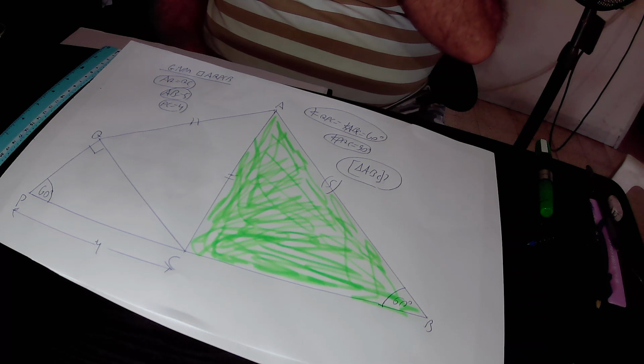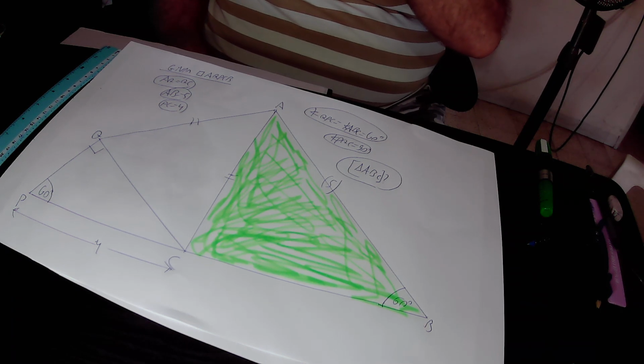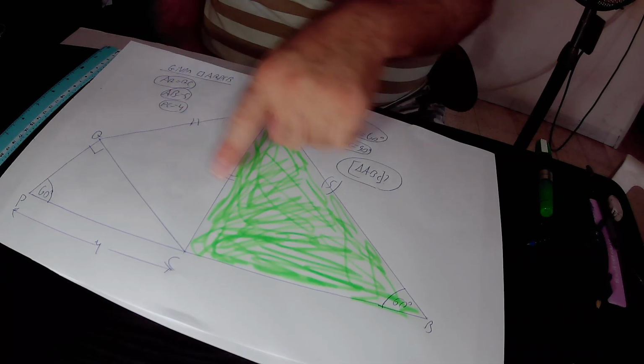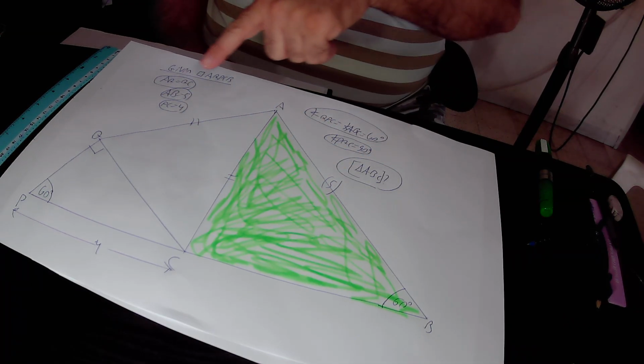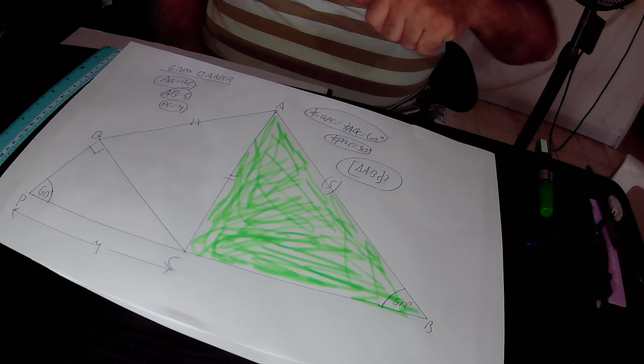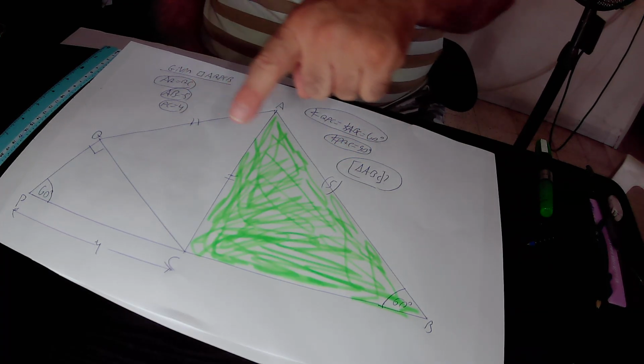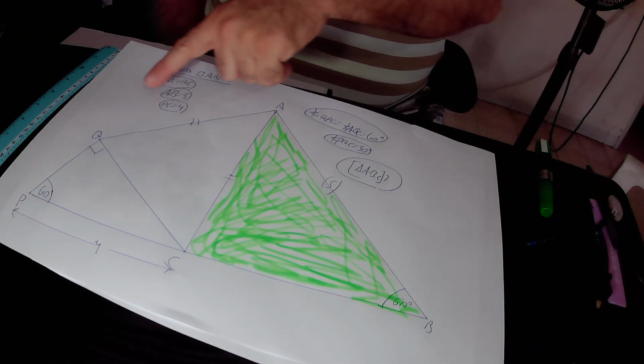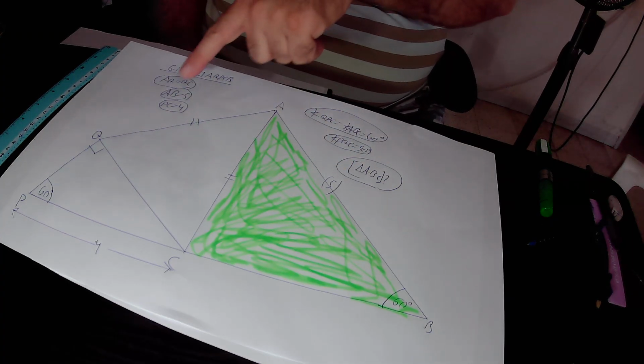So first of all we do a construction. From this point A we draw a perpendicular on the base QC. Actually, triangle AQC is an isosceles triangle because side AQ equals side AC, and QC is the base of the isosceles triangle AQC.